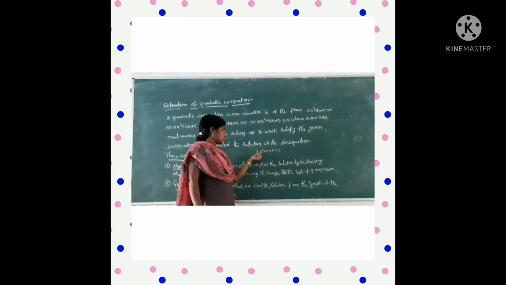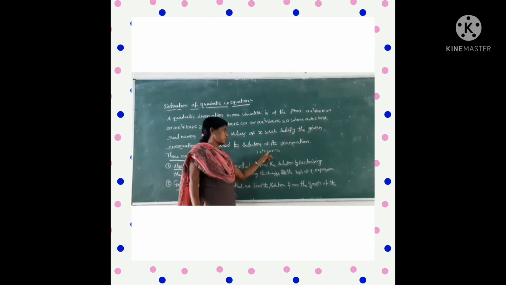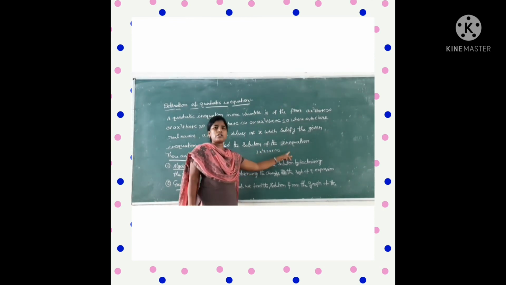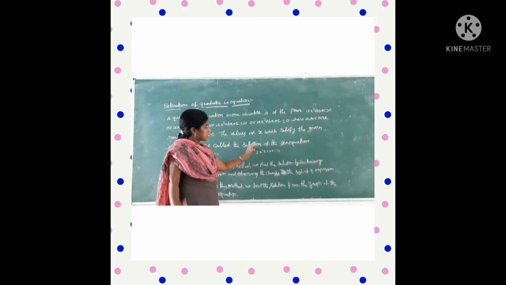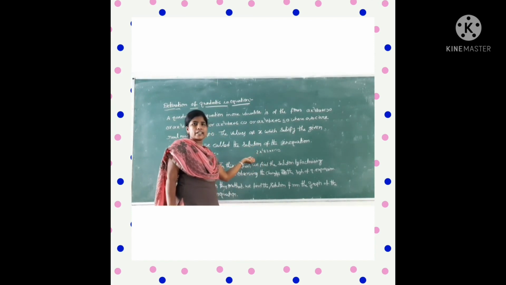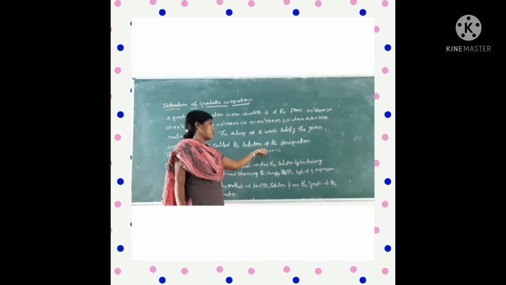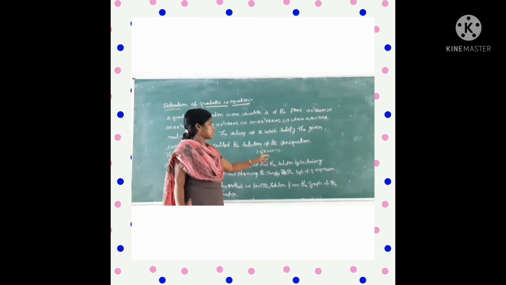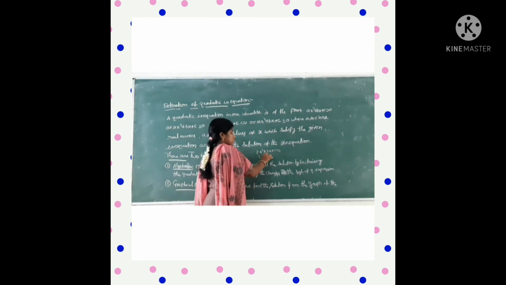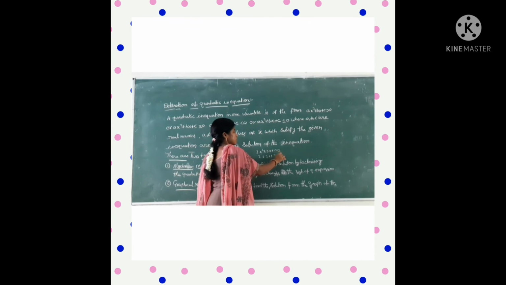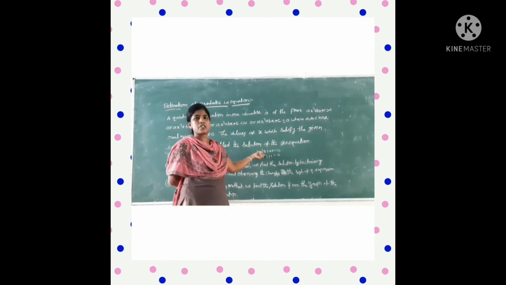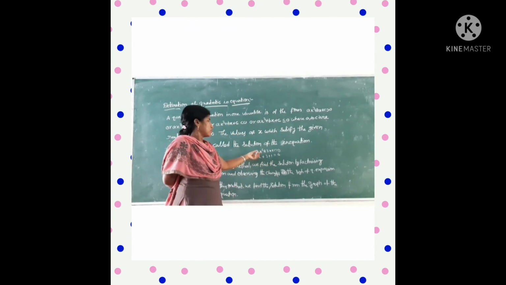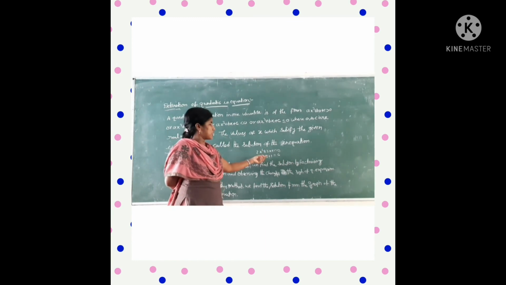The x square term is 0, this term is 0, and here 1. Another one: x is 1, so 2 into 1 plus 3 into 1 plus 1, that is 2 plus 3 plus 1, so we get 6.